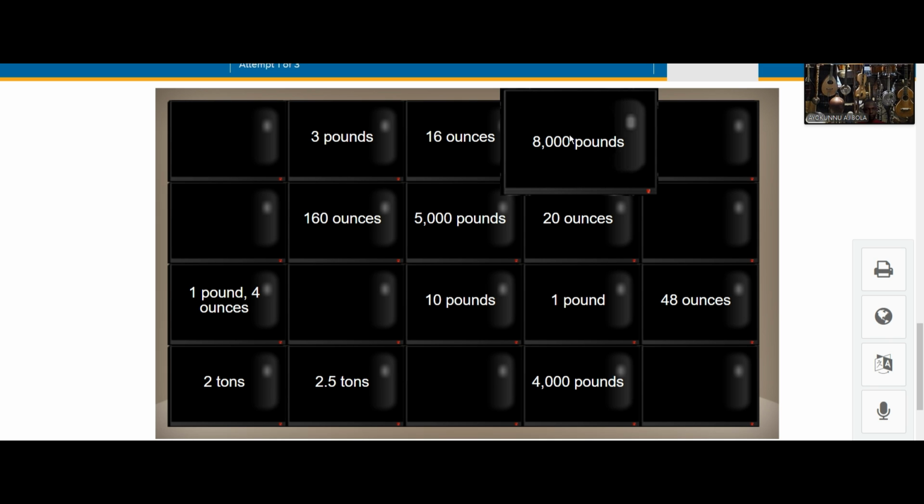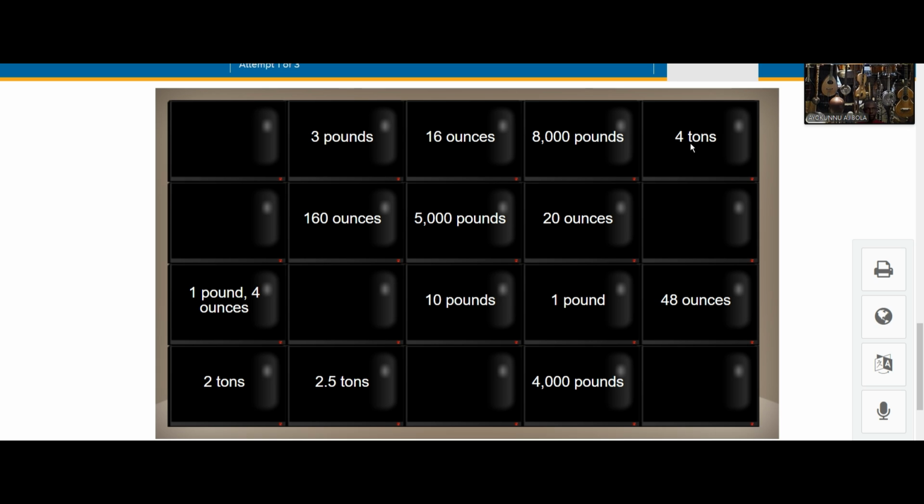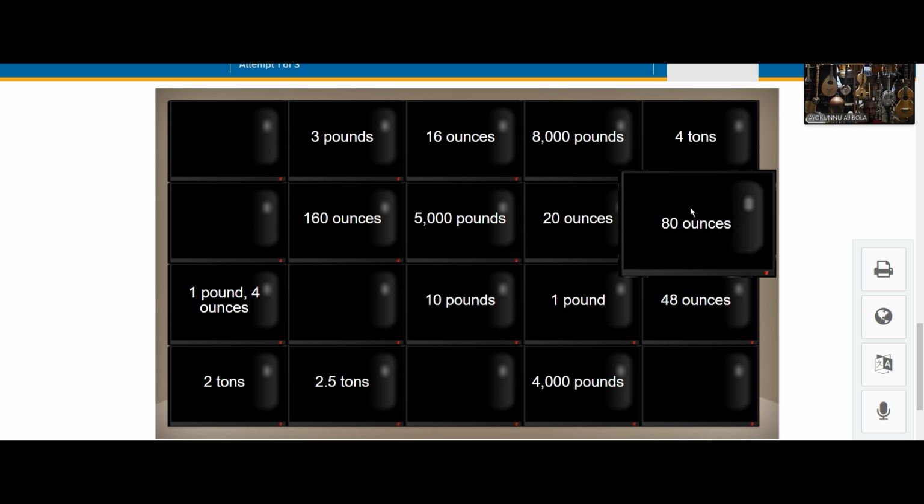This is 8,000 pounds at the top here, which is 4 tons. I think if we open this, this is 4 tons. Is that clear? Yes.